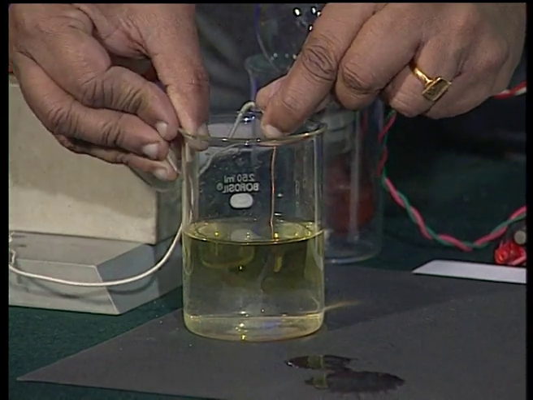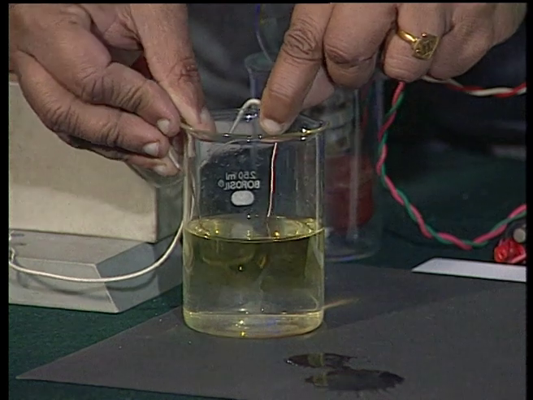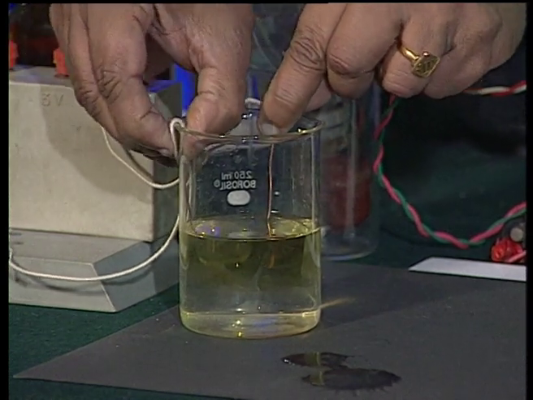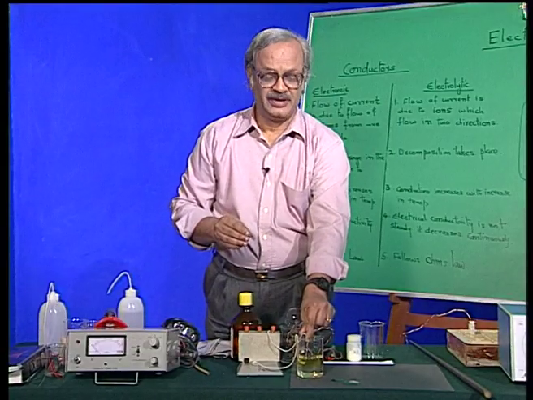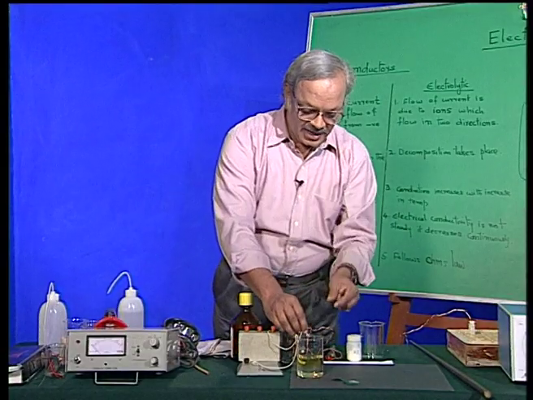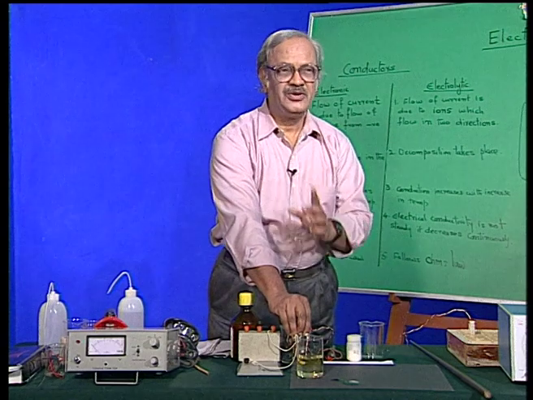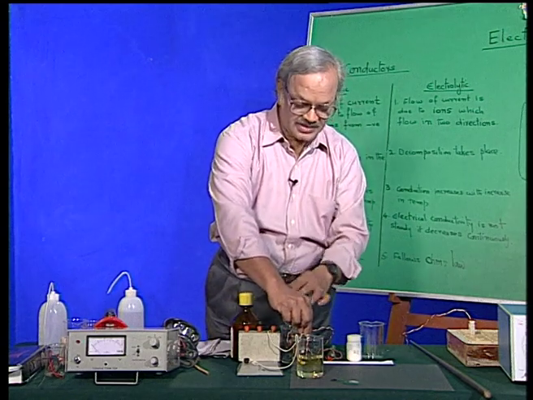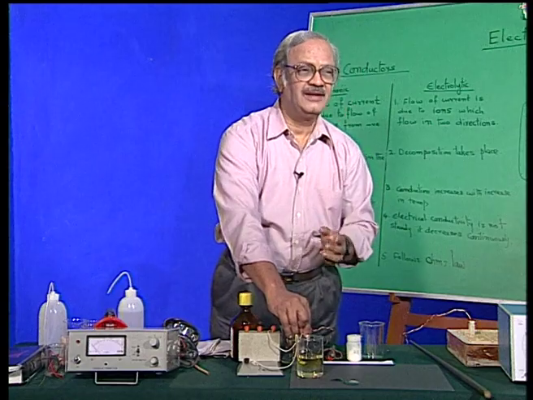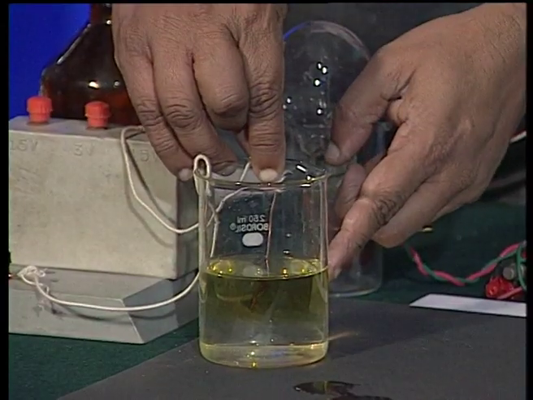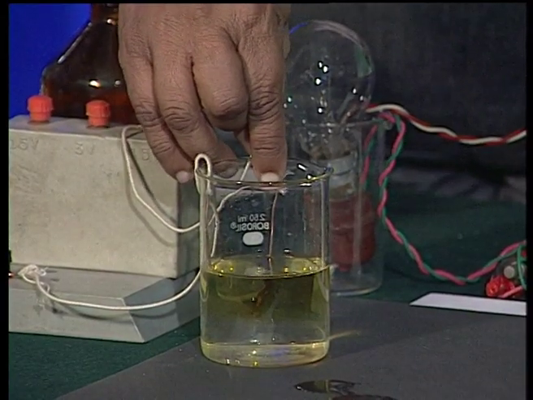Potassium iodide has immediately ionized to potassium ion and iodide ion, and iodide, which is a negative ion, moves towards the positive electrode, anode, and then gets deposited as iodine, and this is the iodine color which is developed in this particular case.